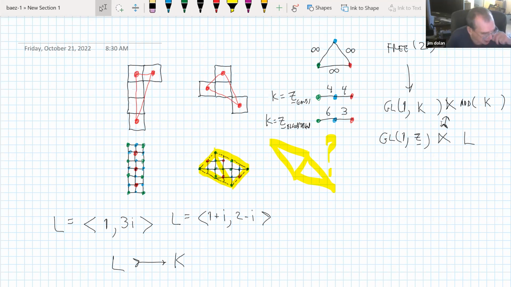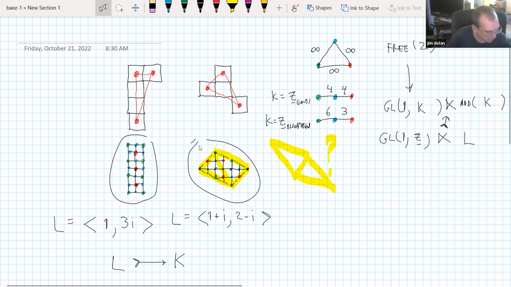Again, let's see. The pictures that I have over here, for example, and over here, and ignore the yellow because I'm just talking about the black and the blue and the red and the green. These ones are actually using the convention where everything on the real line is visible except for the unit interval, so the unit interval is invisible. If you want to make the unit interval visible, then it would be this thing.